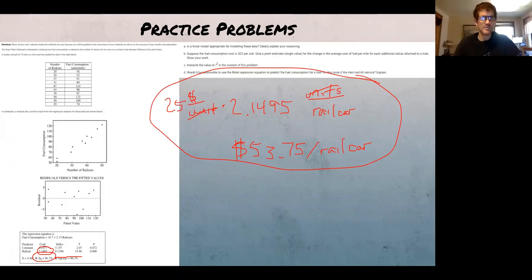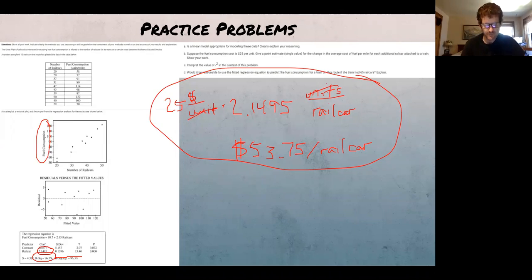I just said it, I don't feel like writing it down at the moment, but I'll say that again: 96.7% of the variation in fuel consumption is explained by the model. And I know it's fuel consumption I'm talking about because that's my y.